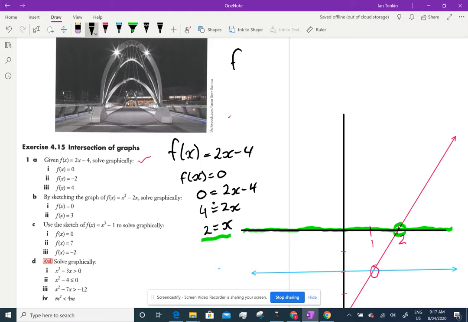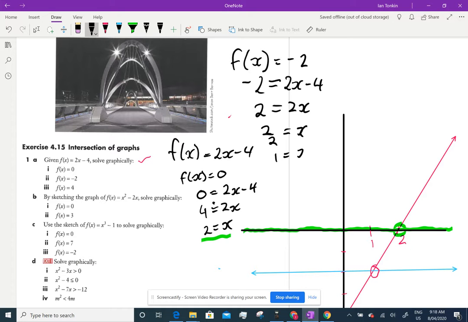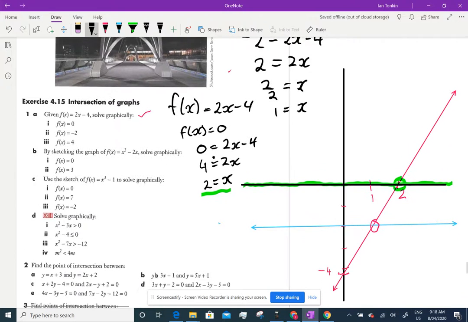So if f of x equals minus 2, so minus 2 equals 2x minus 4, take the 4 over, 2x equals 2, divide by the 2, and you get x equals 1. So even though I've done this without a ruler, it's come out pretty well.